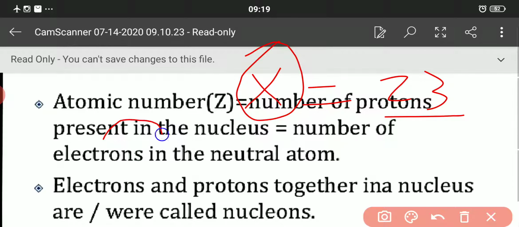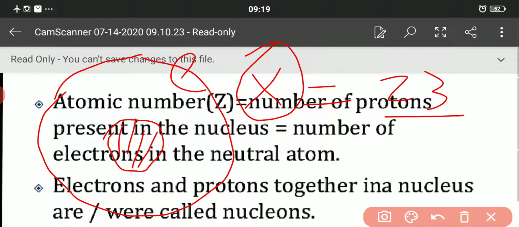We know an atom has a concentrated center part which is known as the nucleus, and electrons around the nucleus.